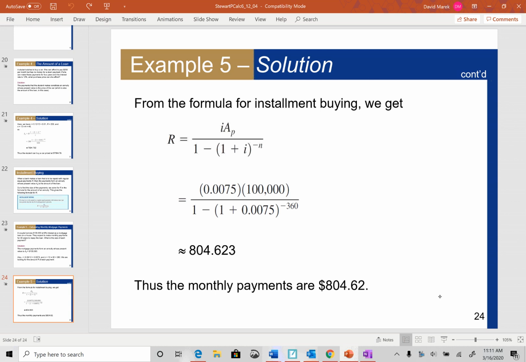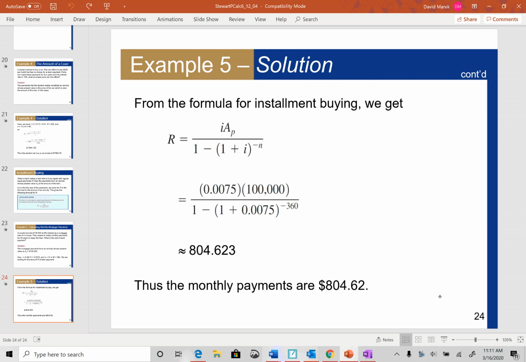How much of a house can these people afford? Well, what are the payments going to be? So again, our value for I is 0.0075, and the amount of the loan is $100,000, over 1 minus 1.0075 to the negative 360th power.